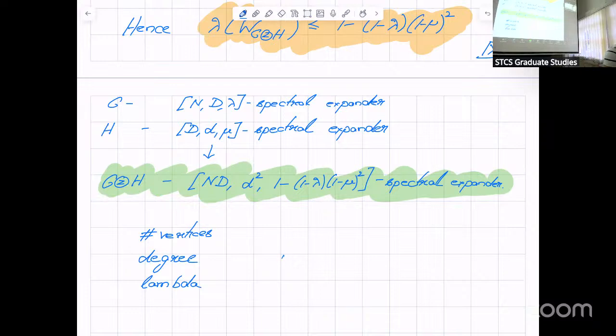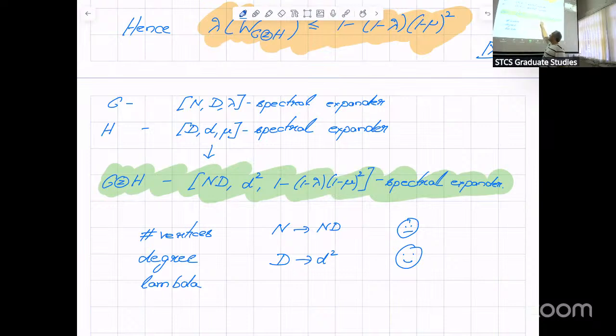So this went from D to d squared, and that's a very good feature. That's what we want. The number of vertices went from N to ND. It's not as bad as tensoring, it's reasonable. Lambda deteriorates. This is certainly worse than lambda, but only slightly, because if mu is 0, this is lambda.